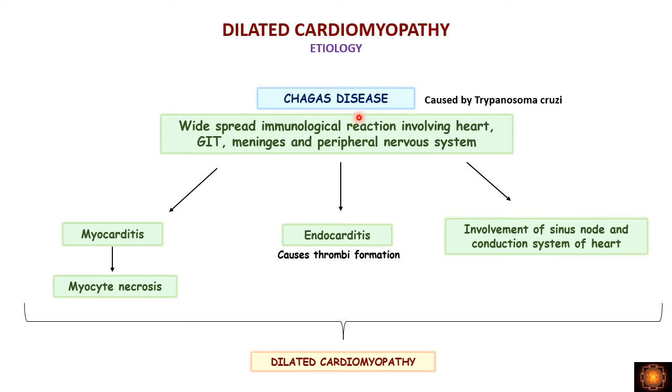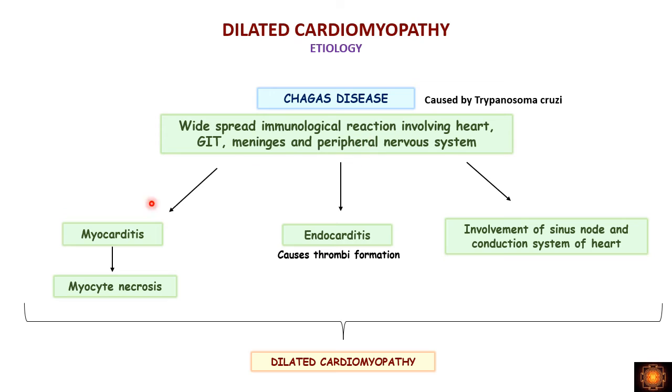Then another cause is Chagas disease. This is mainly caused by Trypanosoma cruzi infection. Because of the infection by this parasite, there will be a widespread immunological reaction involving different organs like the heart, GIT, meninges and peripheral nervous system. So we have a deposition of eosinophils in various organs, and these eosinophils release their basic protein, which causes damage to whichever organ they are present in.